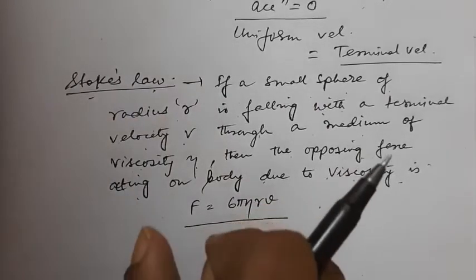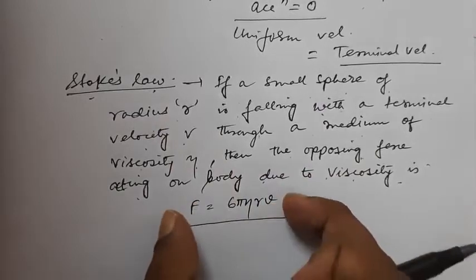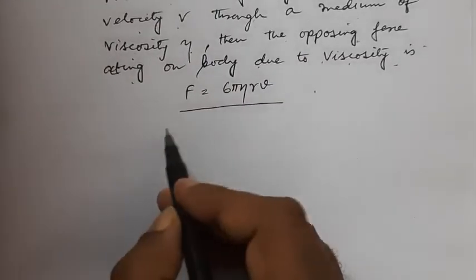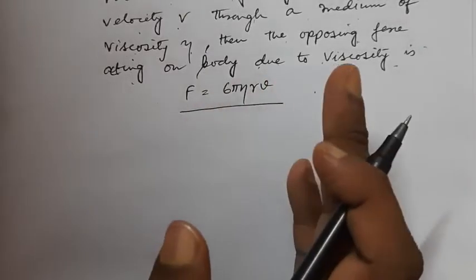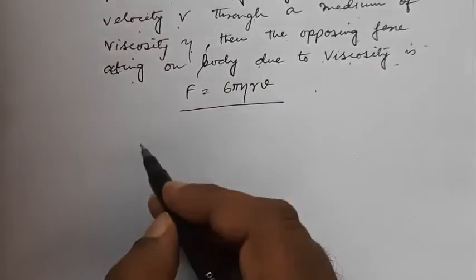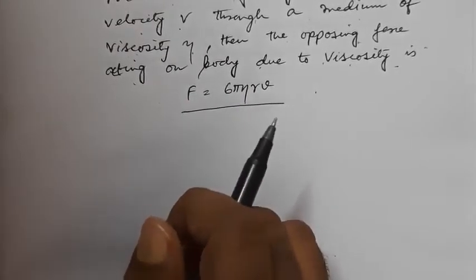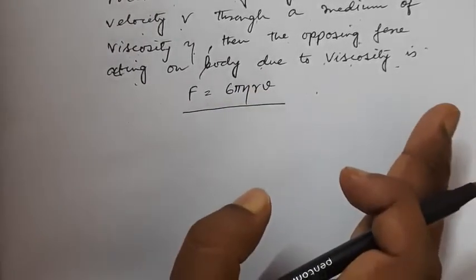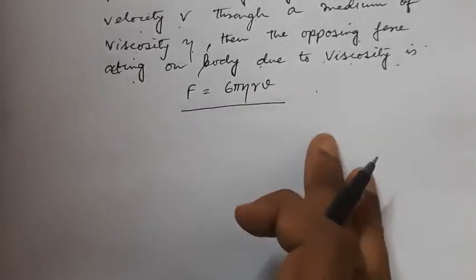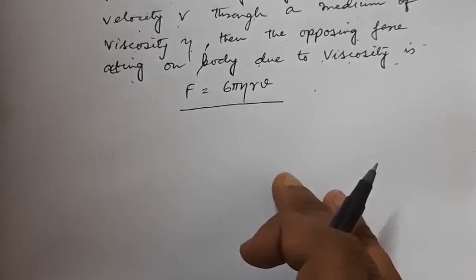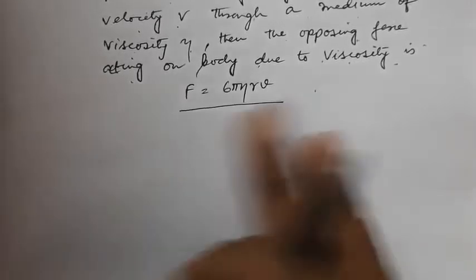Now when he proved this formula, he assumed some points. The first point: the fluid medium must be infinite and homogeneous. These points you will get in the book. Point number 2: the sphere must be rigid with a smooth surface.